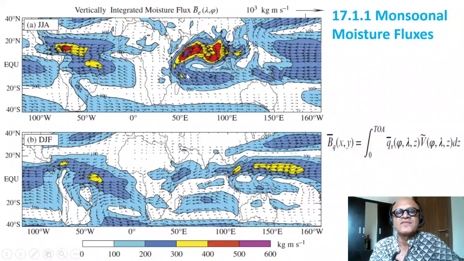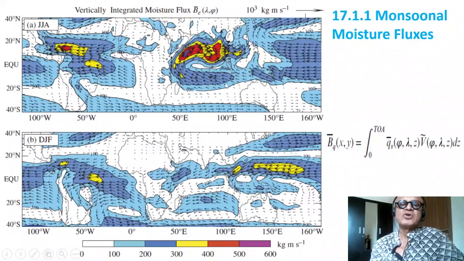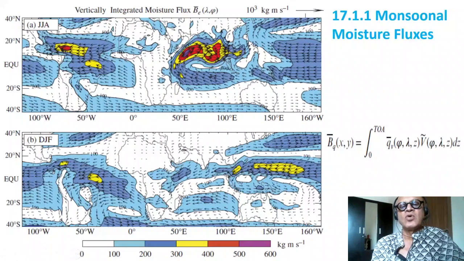Moisture fluxes are obviously a big part of the monsoon dynamics. The strong southeasterly trades produce lots of evaporation here, and there is some evidence, especially from models and reanalysis, that most of the evaporation and moisture flux comes from here, but there is also strong evaporation over the Arabian Sea, as we have seen by the cold temperatures and the cross-equatorial pressure gradient that's associated with cold temperatures and no inertial instability and so on.